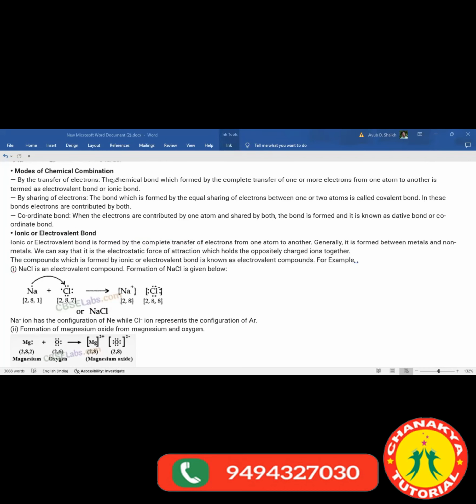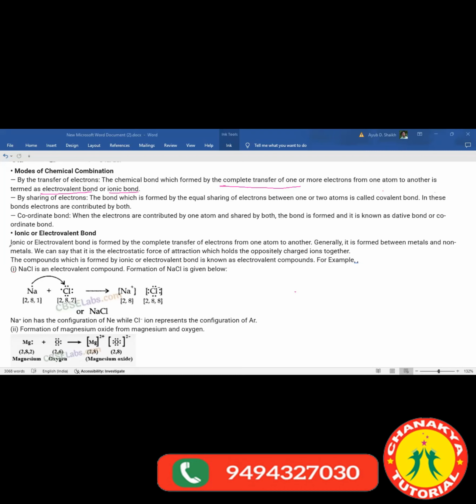By transfer of electron, the chemical bond which is formed by the complete transfer of one or more electrons from one atom to another is termed as electrovalent bond or ionic bond.